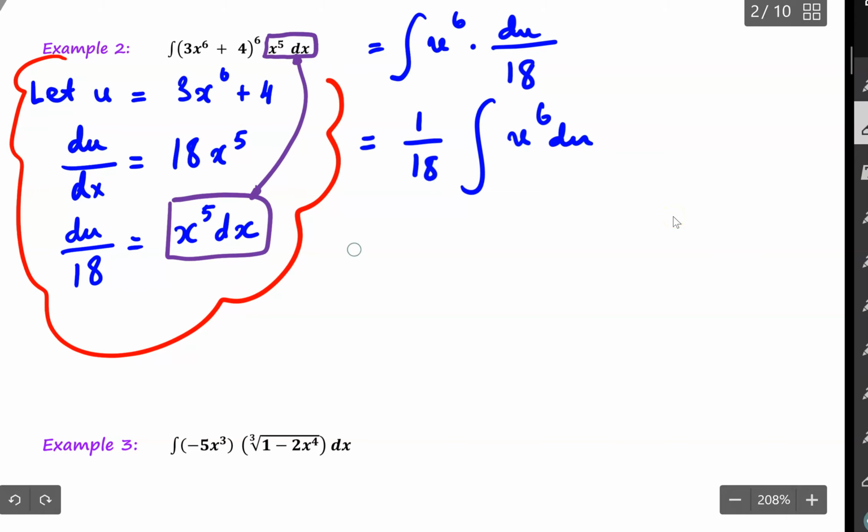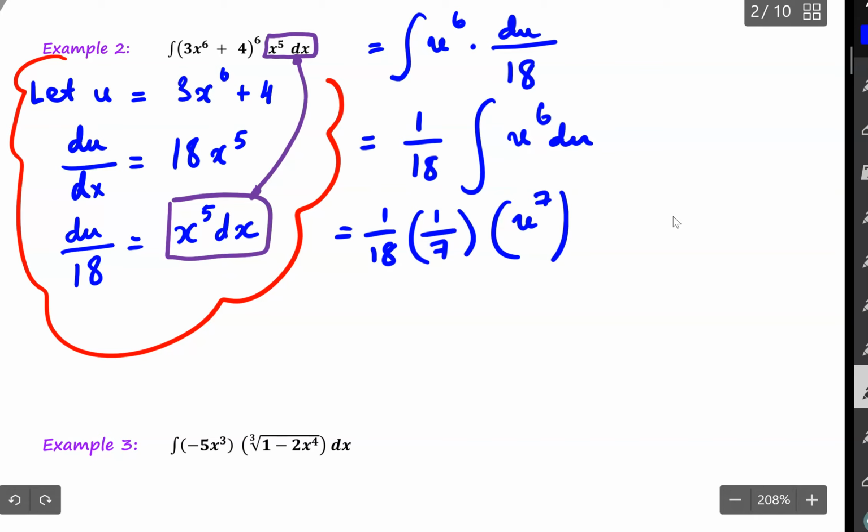Okay. So if I add 1 to the exponent, it means that it becomes 7. So I write u to the 7. And divided by 7 means I will multiply by 1 over 7. And don't forget the plus c.